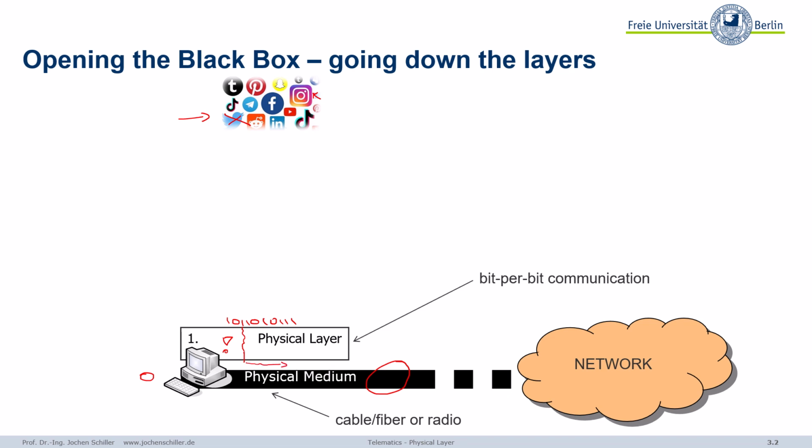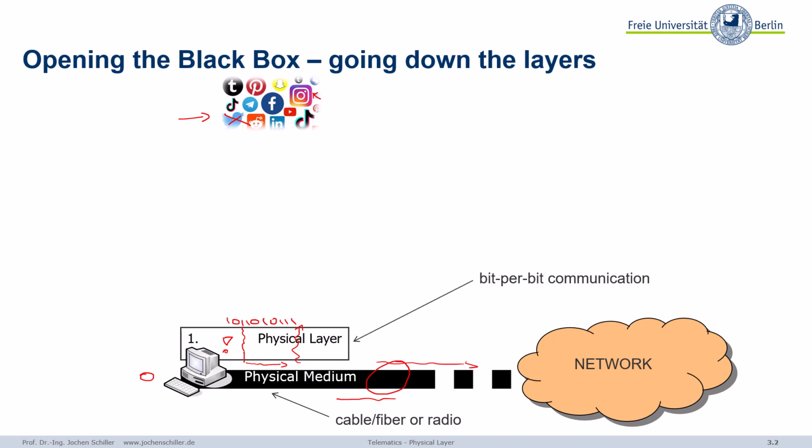Sending this data somehow over the physical medium through the network, and then we go up through all the layers. So bit per bit communication. And the other way around, if a signal, as we call it, arrives via the physical medium, then the physical layer does something, and the result will be a bit stream, ones and zeros.